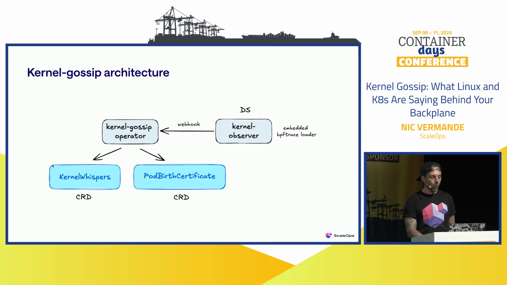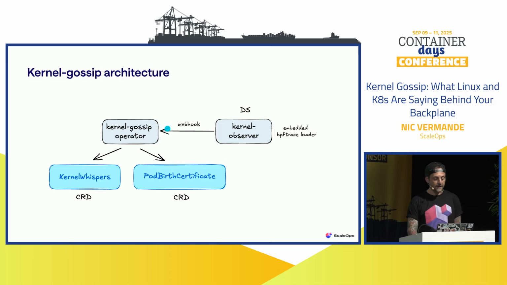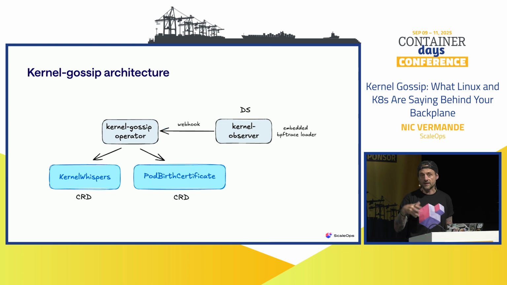Then we're going to create a webhook to an operator, and that operator's job is to reconcile what it gets with particular custom resources. So as I get information from the daemon set, it's going to create a custom resource with the information I want to display, right? We have two of them: I've told you about the pod burst certificate and the kernel whispers, which is essentially combining all the CPU throttling information for a particular container.